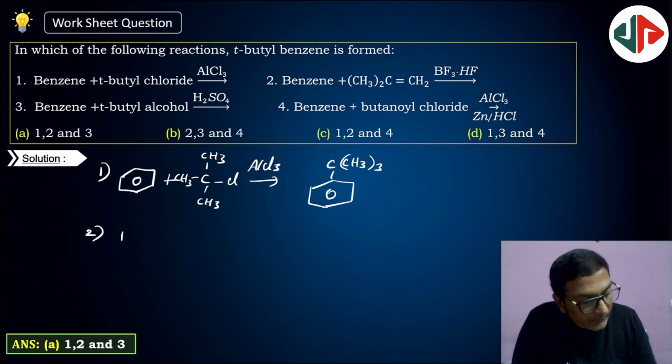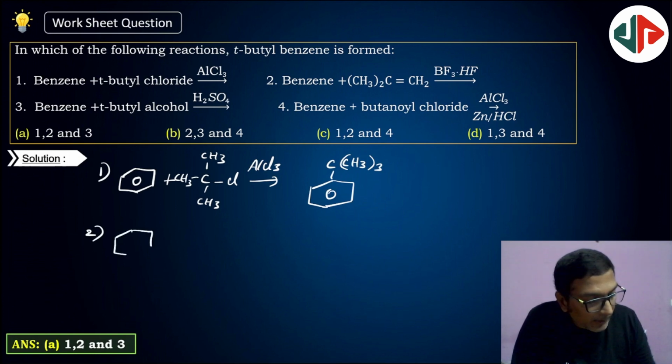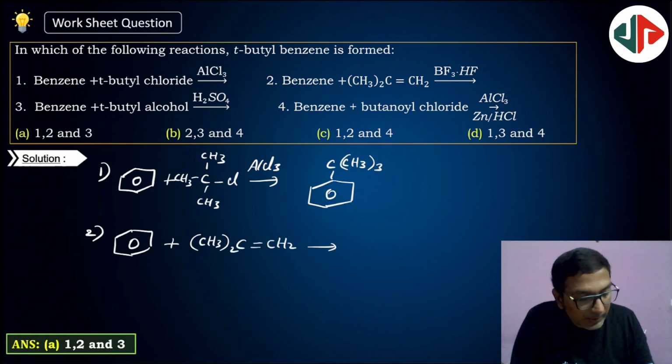Second, it also gives benzene plus (CH3)2C=CH2 in the presence of BF3 Lewis acid and HF.